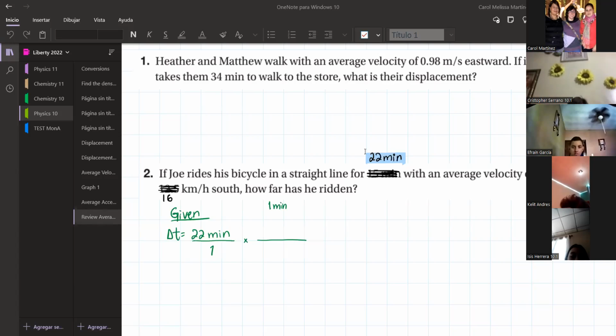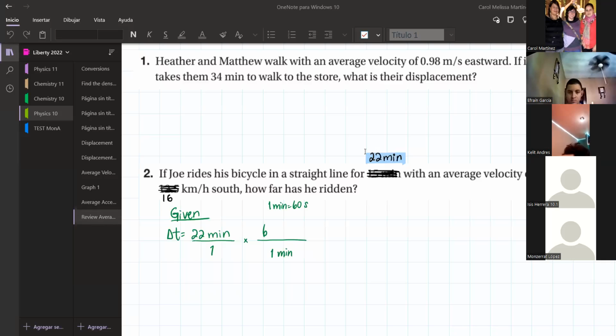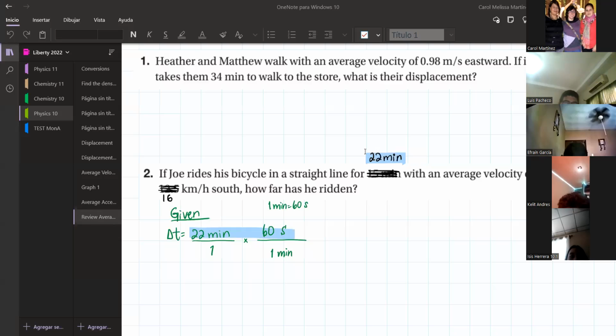Minutes are written down. 1 minute, 60 seconds. That means that you will multiply, because these two are in the top side of the fraction. Now, how much do you get from this? 1,320. And these are going to be seconds, because minutes and minutes are canceled.